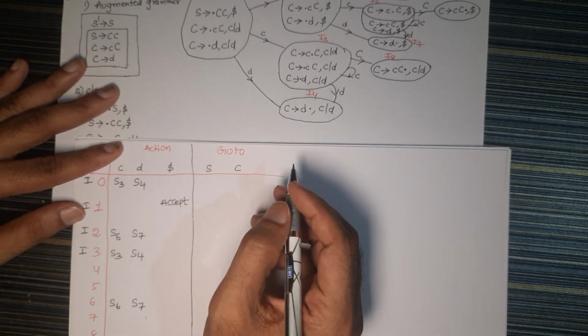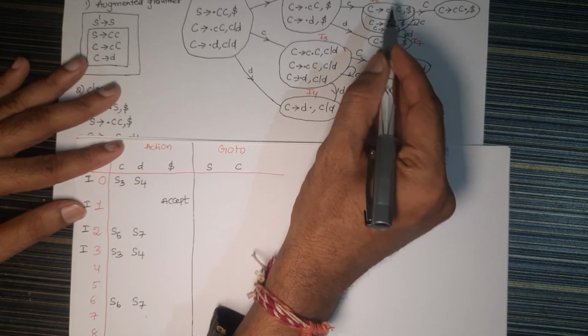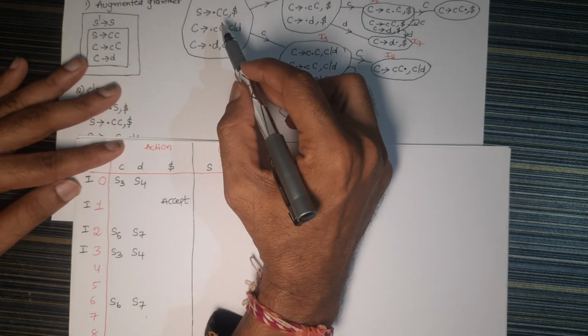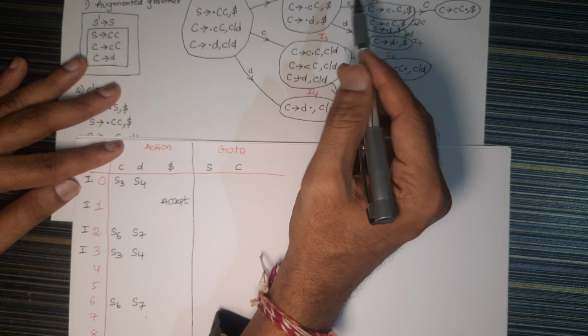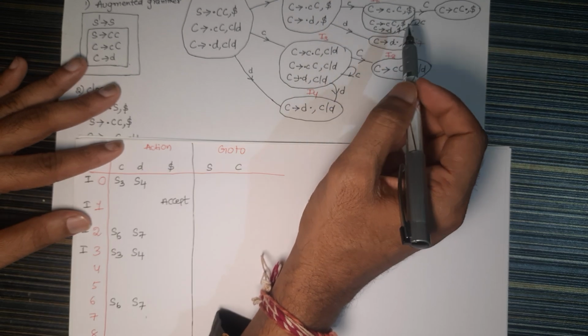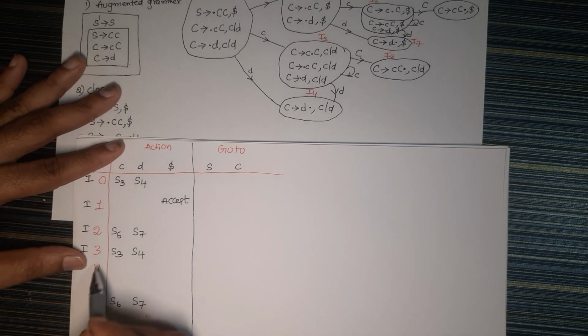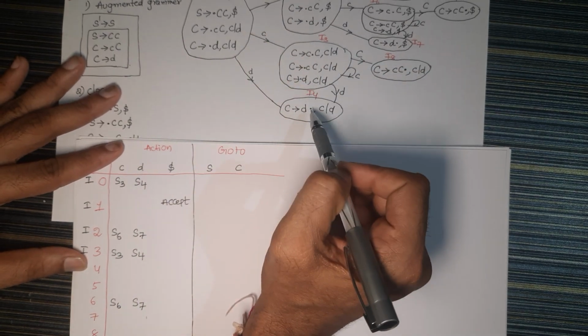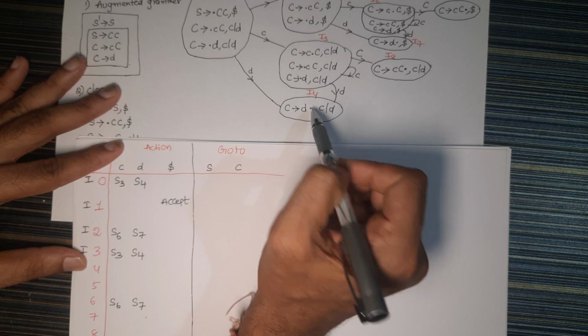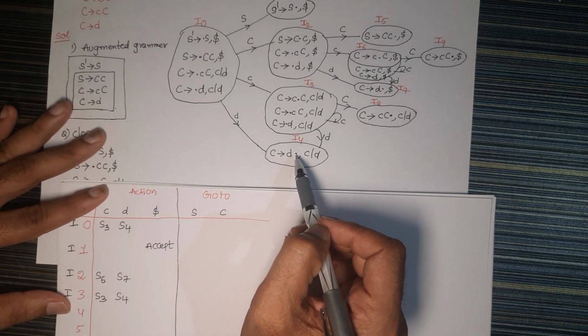Next, we completed I0 as well as I2, I3 and I6. If you see the remaining states like I4, the dot appeared at the end, so this is called a reduce move.